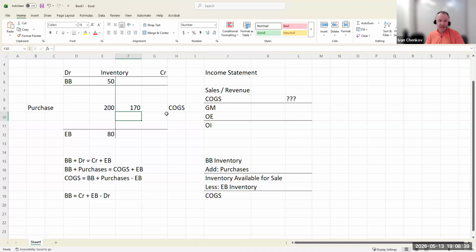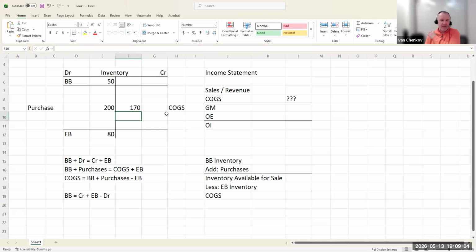If you're missing beginning, that means credit plus the ending balance minus the debit is going to give you the result. If you're missing the credit, what you're going to do is beginning plus the debit minus the ending balance is going to give you what you spent, the credit. If you're missing the ending balance, then you get beginning plus the purchases, in this case the debit, minus the credit, going to give you the ending balance.